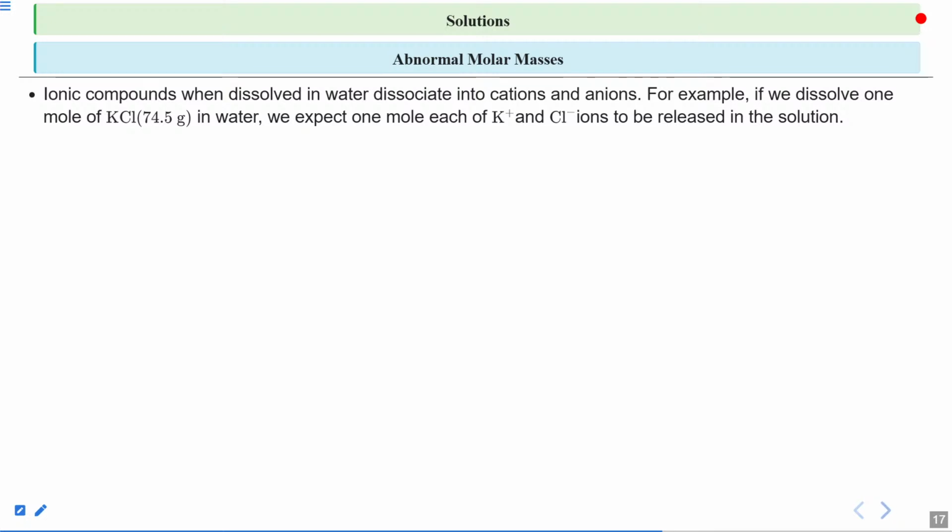But is it true? Of course not. When it is dissolved in your solution phase, you will get two ions out of the KCl electrolyte, which are K plus and Cl minus. Therefore, we can say that from the same one molecule, we have two different constituents.